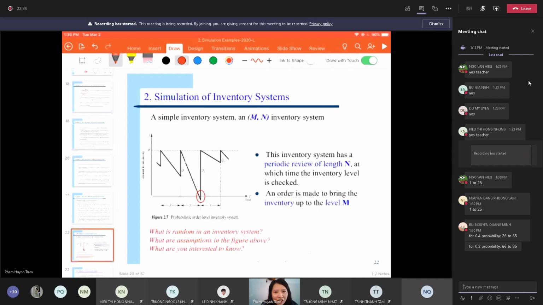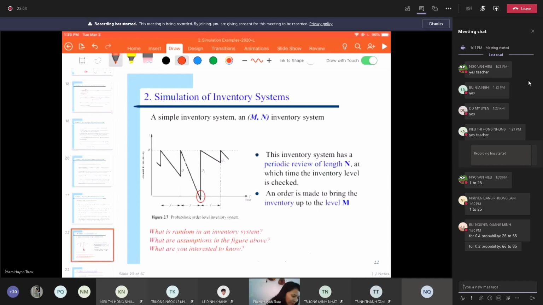So we need to make decisions like how frequently we need to order from the supplier, or in other words, how should we monitor our inventory? Should we check it every day or every week? Then when should we order from the supplier, and when we order, how much should we order? This is very common sense.